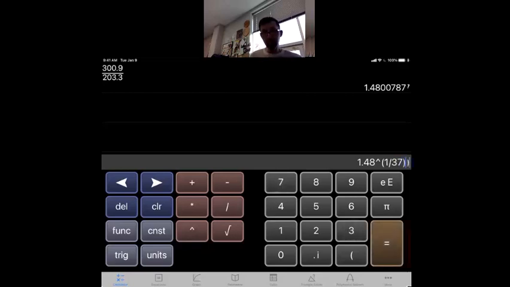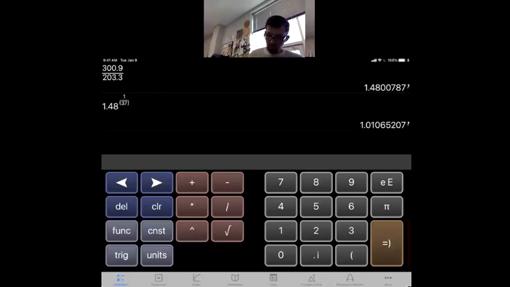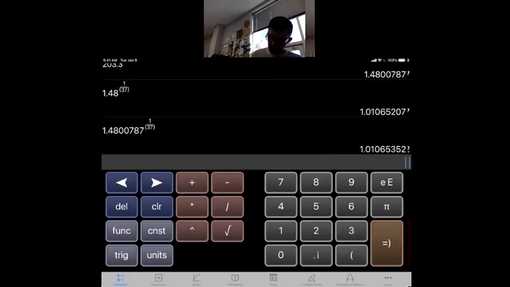So make sure you put parentheses around your exponent there, else that will not work. So you get 1.01. I'll show you the difference here with that rounding, to see how big a difference that makes. So yeah, really not too much difference.